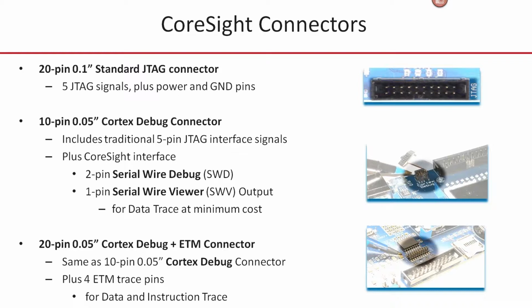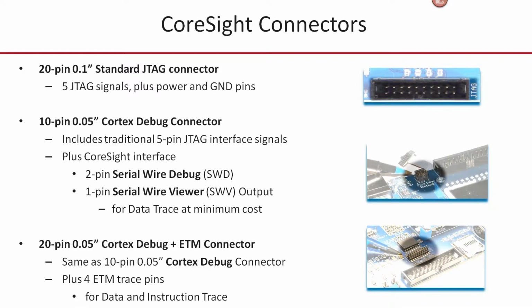So again, if you're designing your own hardware, don't use the standard JTAG connector, use these smaller connectors. And in particular, if you have a device that has the embedded trace macrocell fitted, always put on the larger 20 pin connector. The first 10 pins map on to the standard basic debug interface, so you can still use a low-cost tool.